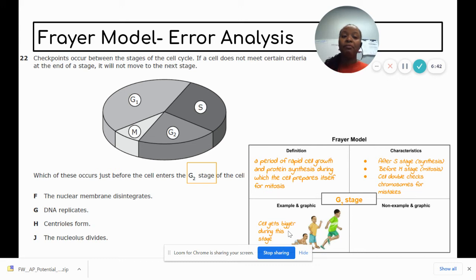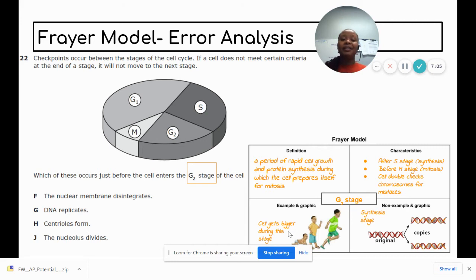Now people struggle with the next one, but the next one is key. That non-example. So if this is a stage where the cell gets bigger, I need something that doesn't represent that. In fact, I wanted to emphasize something different. Synthesis is the stage that happens before G2, for you non-science people.